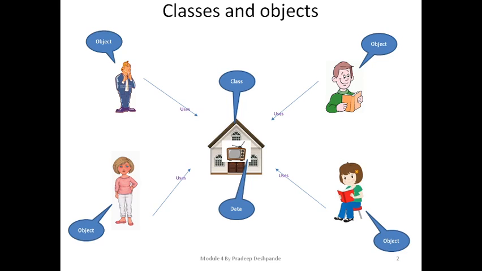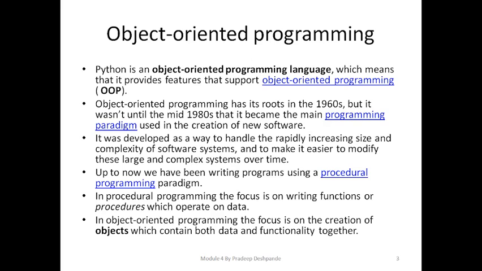So the home is a class here. The utensils or whatever things are inside the home are the data, and the people who live in the home are objects. All those objects use the data of the class. It is a simple way to understand what classes and objects are.